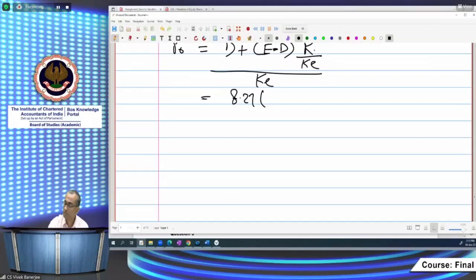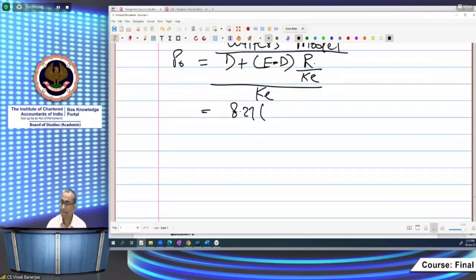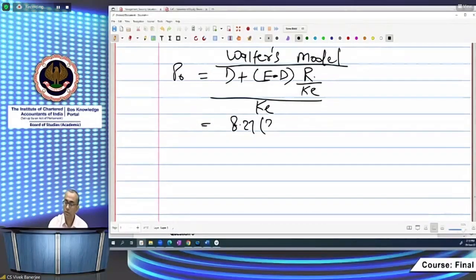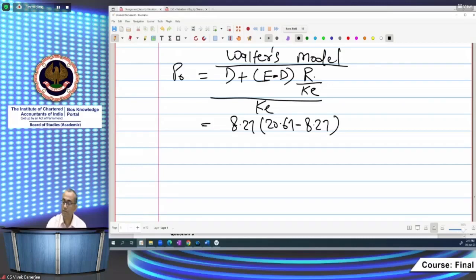So it will be 20.67 minus 8.27, multiplied by R. R is the rate of return on equity.